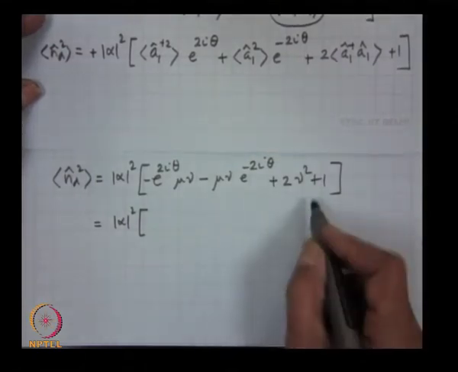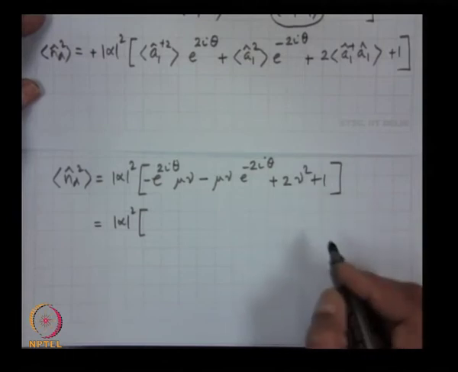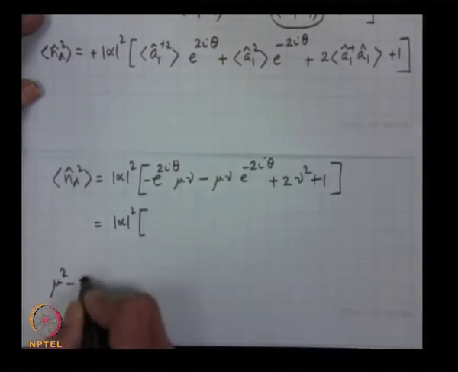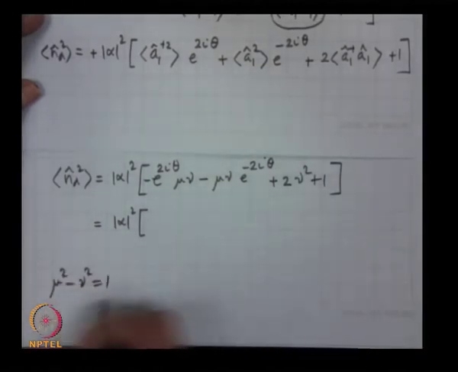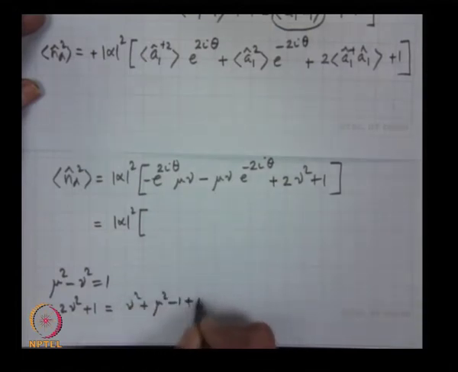Mu square minus 1. So this becomes mu square plus nu square. 2 nu square plus 1 is equal to nu square plus mu square minus 1 plus 1.